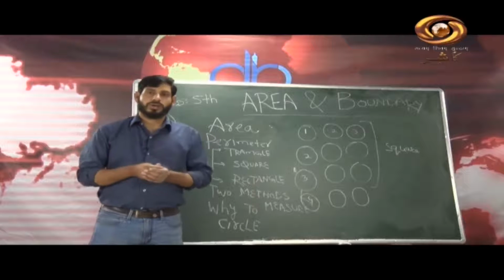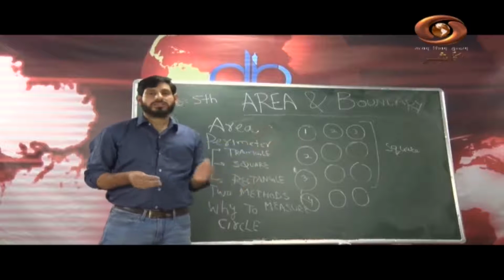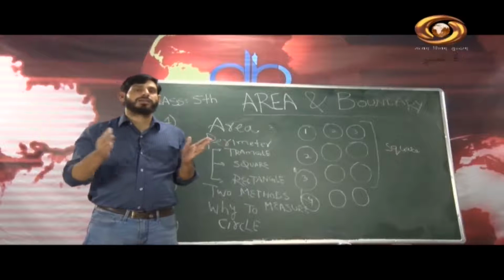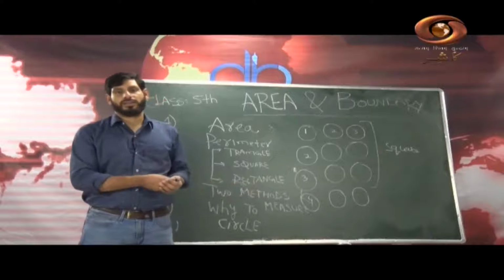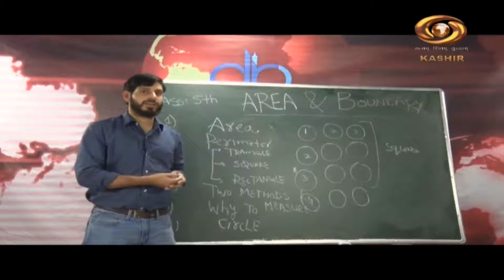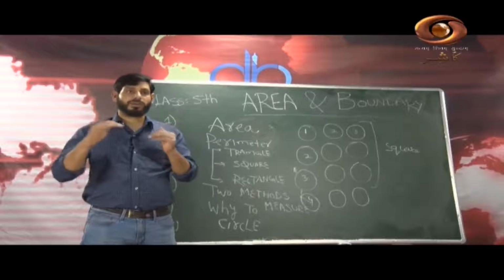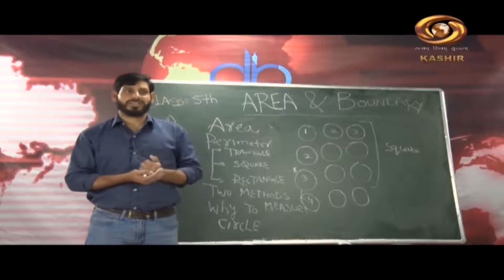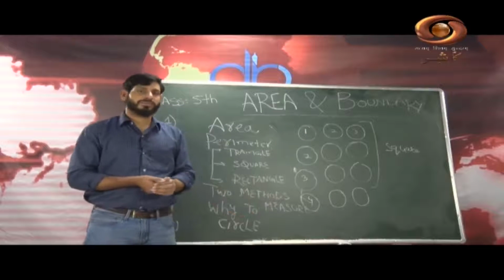So I hope you understood that when we have 4 rows and 4 columns, it is a square. We have 5 rows 5 columns, it is a square. We have 6 rows 6 columns, it is a square. And when we have different number of rows and columns, we call it a rectangle. Suppose we have 4 rows and 5 columns, then it becomes a rectangle.